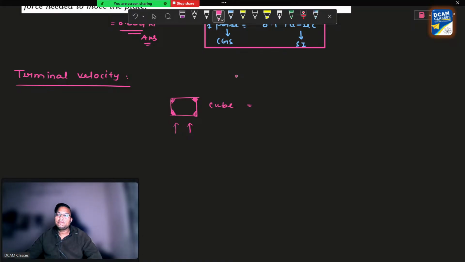And what's the minimum surface area? A sphere. Correct?